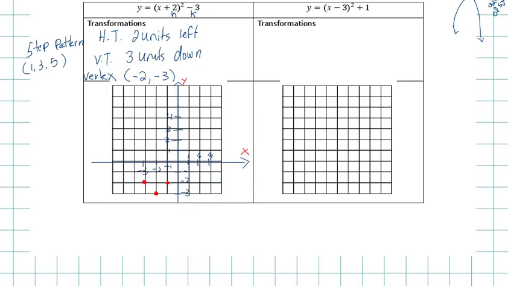So up 1, 2, 3, over 1. After that, how many do I need to go up? 5, because my step pattern is 1, 3, 5. Up 1, 2, 3, 4, 5, over 1. And then all I have to do is join these points in a smooth curve that we call a parabola.